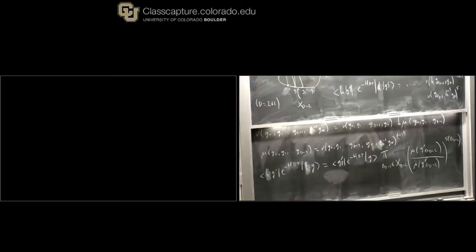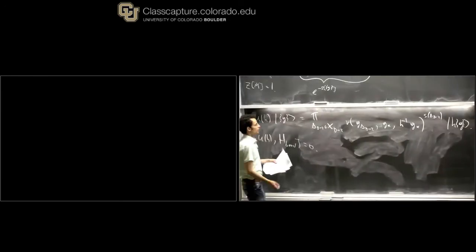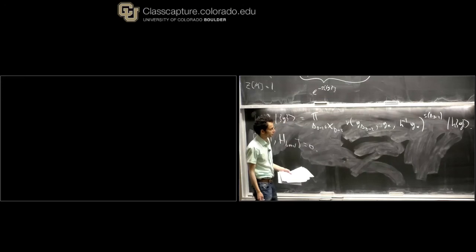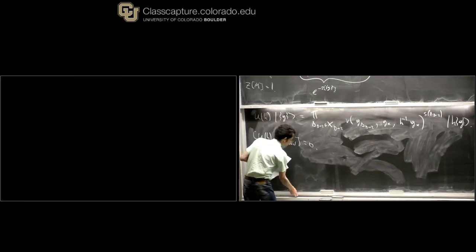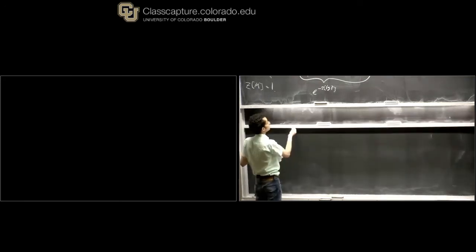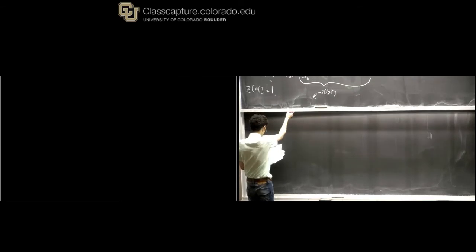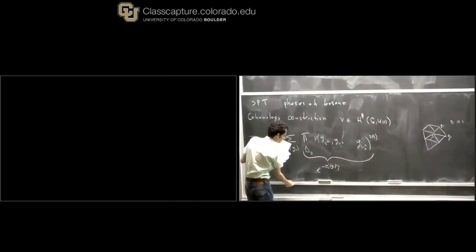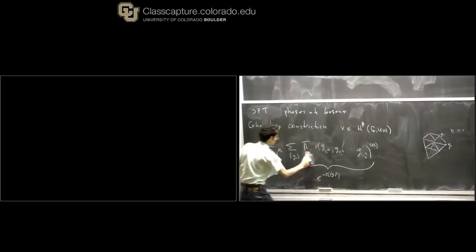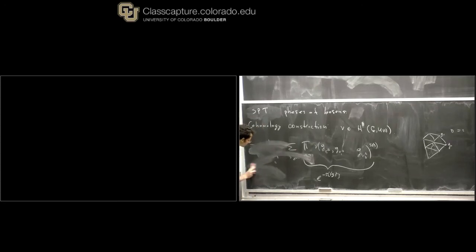It's just that the symmetry effectively acts on the boundary in a weird way. So let's investigate this weirdness. Let's say we are in 1 plus 1 dimensions, right? So the boundary is just 0 plus 1 dimensional then. So the boundary just has a single group element sitting on it.